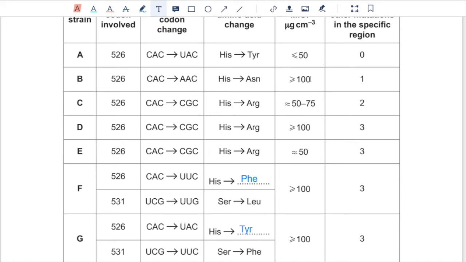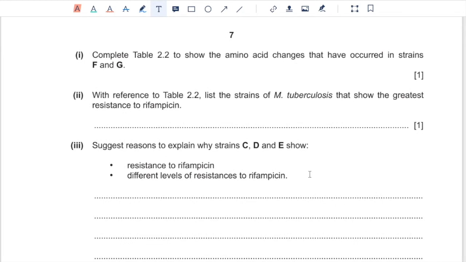And we have B, which requires greater than 100, D, which also requires greater than 100. F and G also require greater than 100 micrograms per centimeter cube of antibiotic, which is the minimum amount. So these four are going to be the most resistant strains.